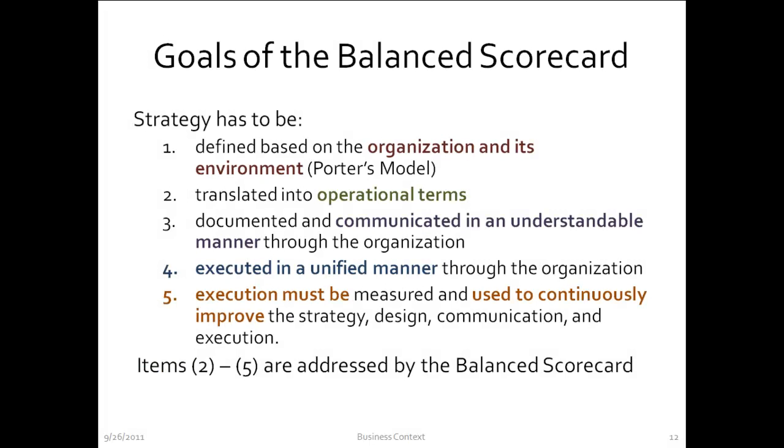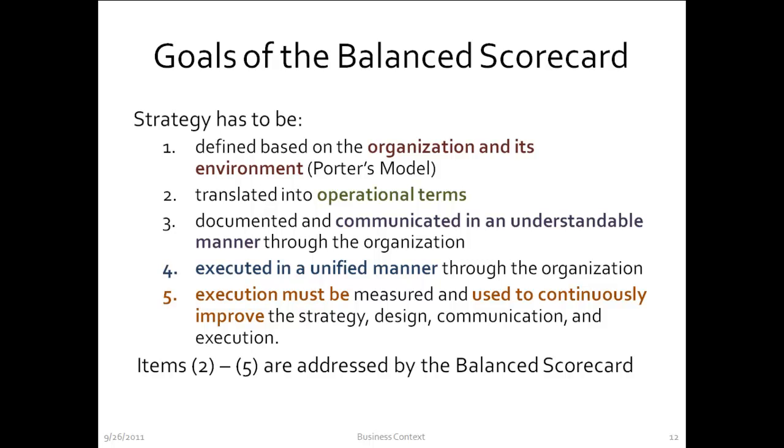Let's take a breath and recap here what we have covered so far. We know that strategy has to be based on an organization and its environment. And we can analyze this using Porter's 5 forces. We know that once we have created a strategy, we have to translate the strategy into operational terms and then document and communicate this plan so that it can be executed jointly by everyone in the organization.